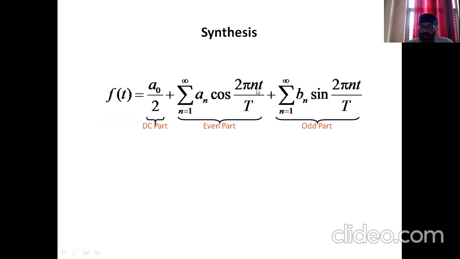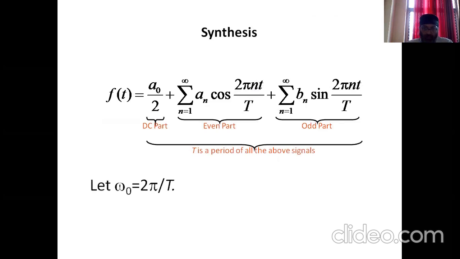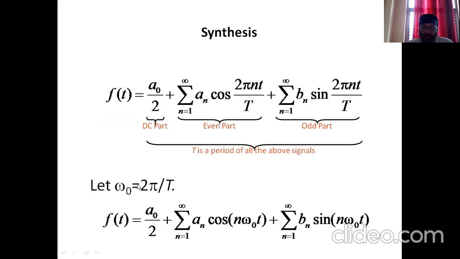This is 2 pi n. N can be the value of that coefficient, multiplied by t divided by the time period T. And this is the fundamental frequency, 2 pi by T, where T is the time period.